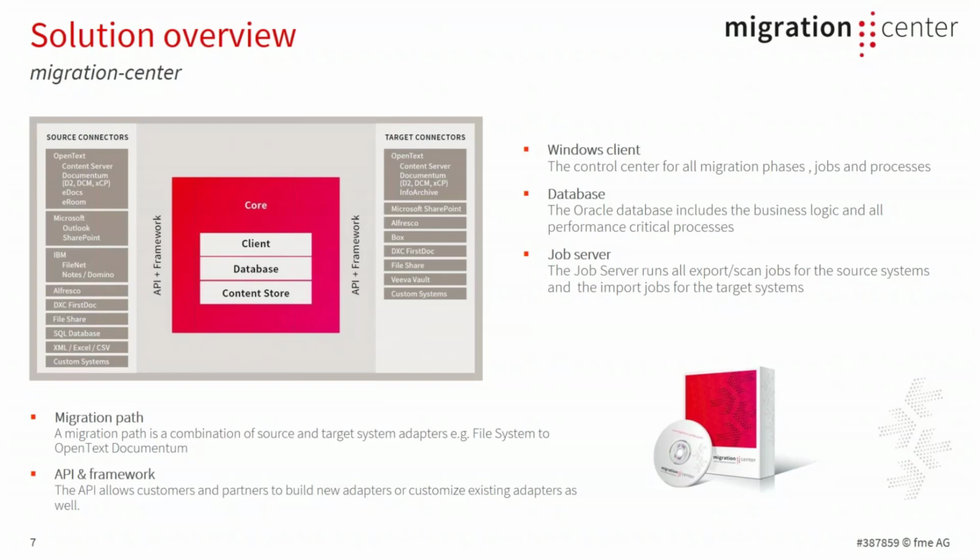So as you can see here on the picture, we support many different source connectors and target connectors. For example, we support connectors from source and target for the whole OpenText ECM stack. We also support SharePoint, we support IBM, we support Alfresco, file shares, we have a generic SQL database connector, and many more.